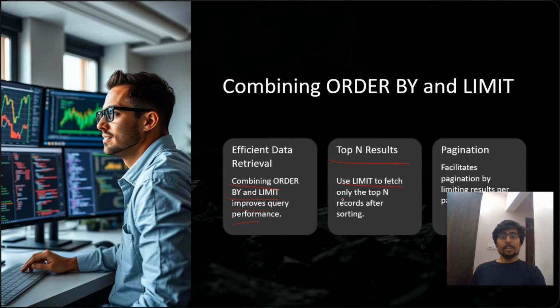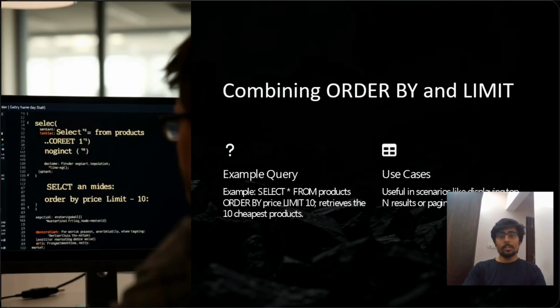So using limit to fetch only the top 10 records after sorting. As I told, for example, you need the top 10 records from lowest to highest, I gave the example with ASC and limit 10. Order by price ASC, and then limit 10. Similarly, you can do the same for other things as well.